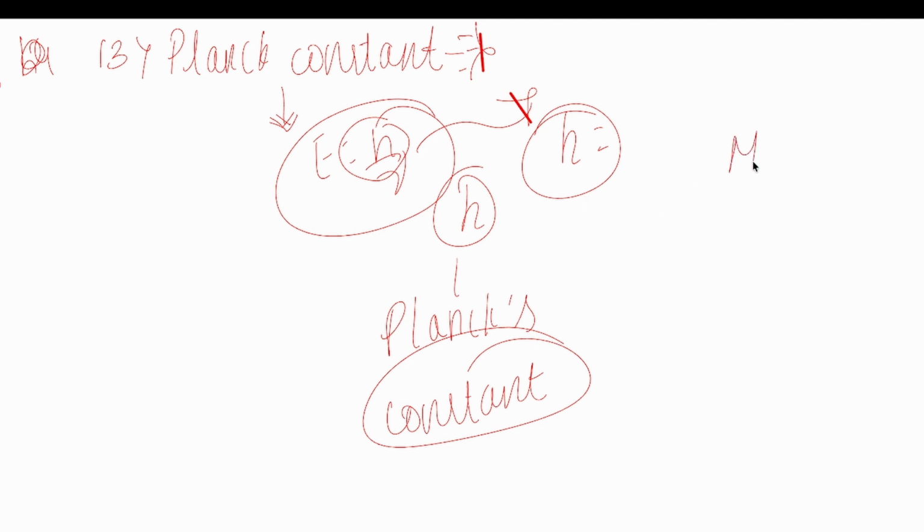The dimensional formula for h is M power 1, L power 2, T power minus 1. Why? Because it's energy divided by frequency, so it converts to M power 1, L power 2, T power minus 1.